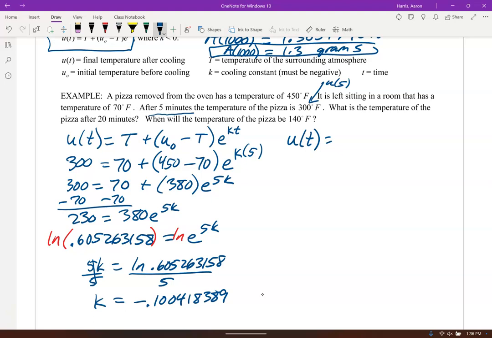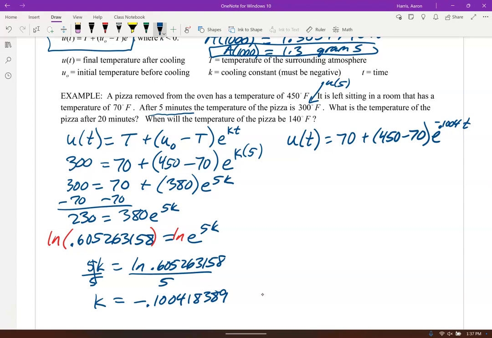So now we have this scenario. We have the temperature after time t is 70, capital T, plus the initial temperature 450 minus 70, e to that k, negative 0.1004, times t. There's our model. So it says, what's the temperature after 20 minutes?